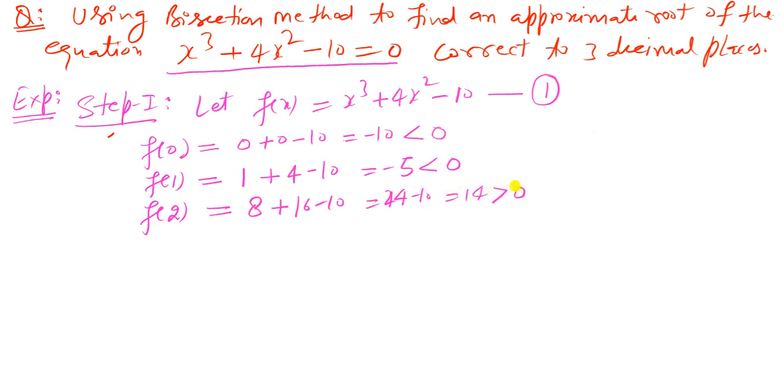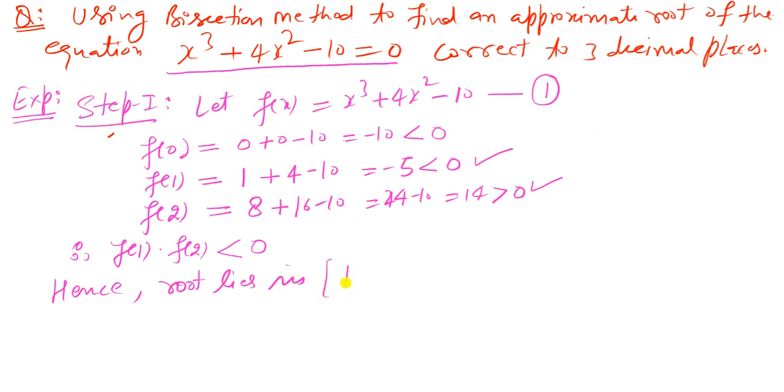This is greater than 0. So f(1) is negative and f(2) is positive. Therefore f(1) times f(2) is less than 0. Hence the root lies in the interval 1 and 2, that is, the required root lies between 1 and 2.